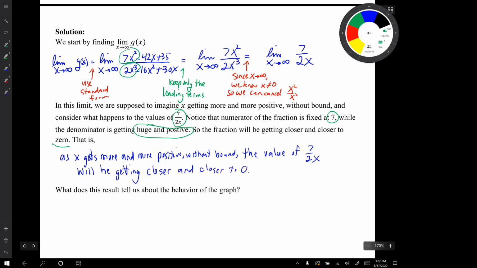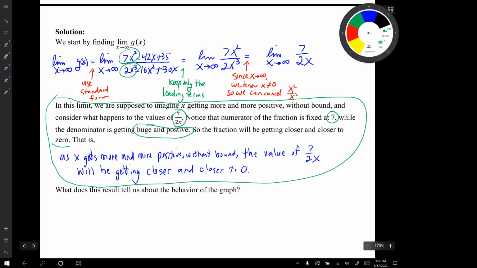So all of this thinking that we've been doing in this extended paragraph is abbreviated in the following way. All of that stuff that I've circled in green tells us that this limit is the number 0.